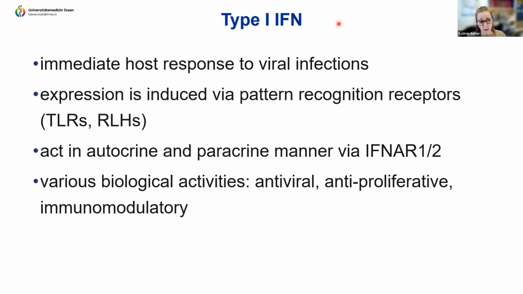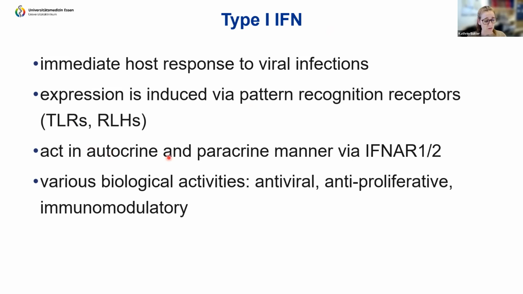They can be toll-like receptors, but also RIG-I-like helicases or other sensors within the cell or on the surface of the cell. Whenever they recognize conserved motifs of viruses or bacteria, they activate a downstream signaling cascade, and at the end there's the production of type 1 interferons.